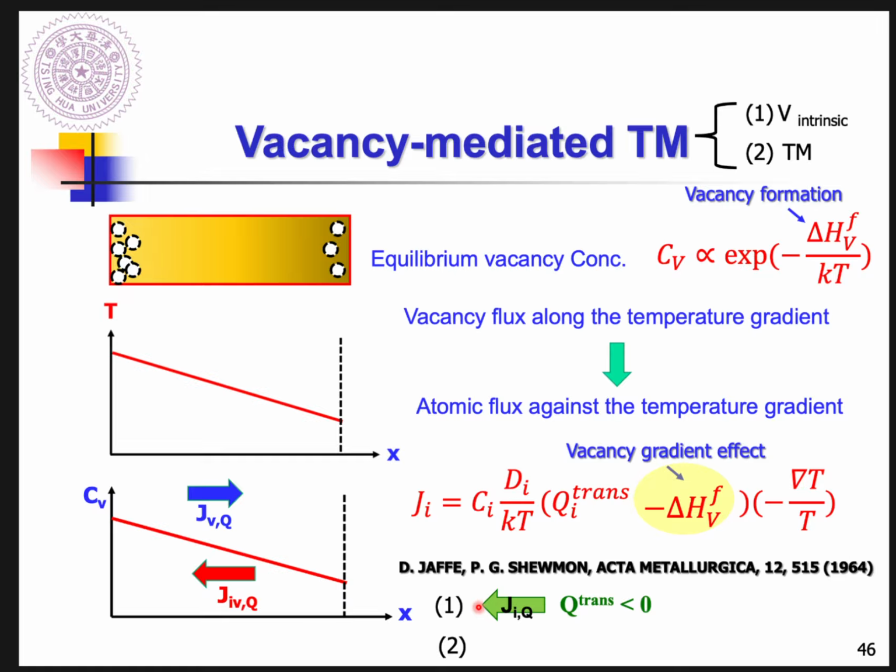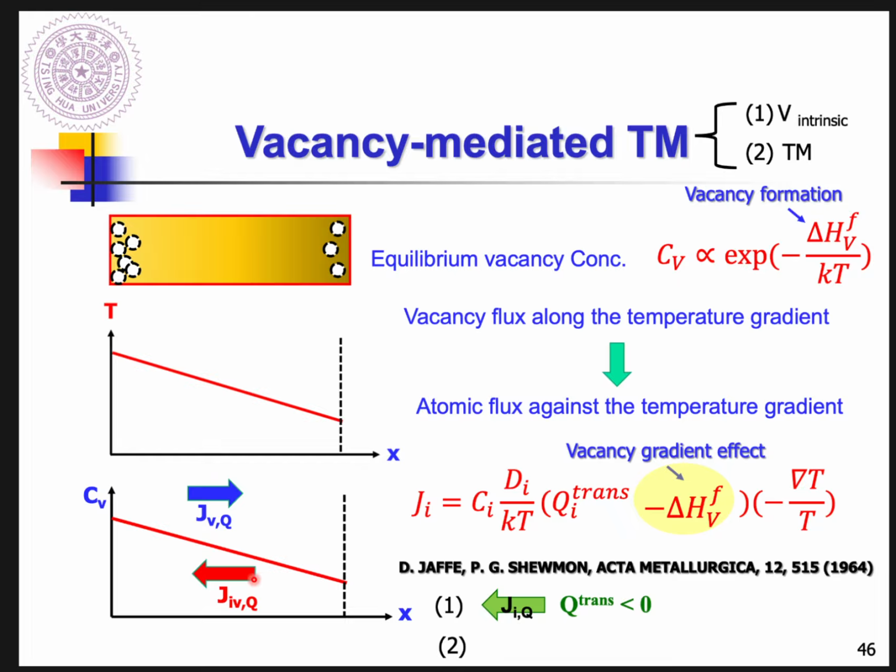So the first possibility is that the heat of transport of this material is negative, which means that the atomic flux will move to the left-hand side; the atoms will move from the low temperature region toward the high temperature region, which is the same direction as the one induced by the different vacancy concentration.